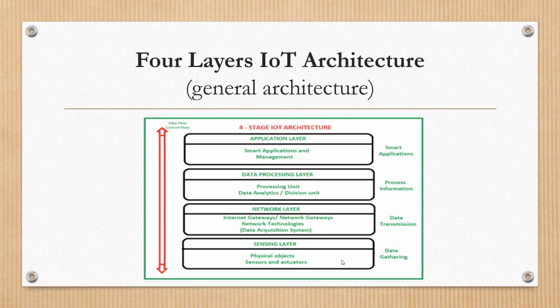And it provides data accessibility to the end users. Then lastly, we have the application layer, which is the last stage of an IoT architecture that defines different areas where IoT can be applied, and it provides specific services to end users.